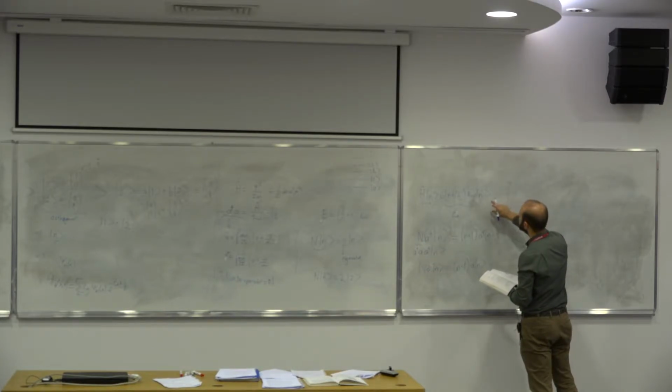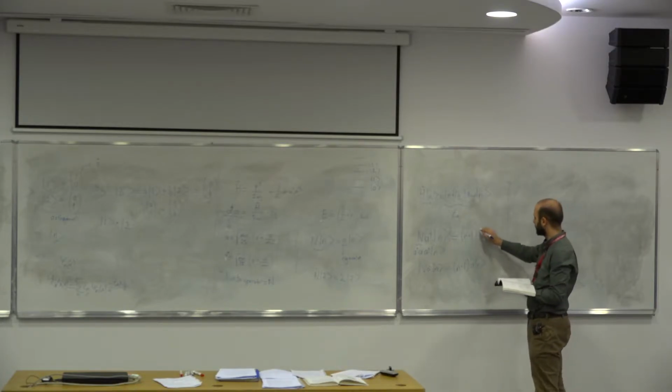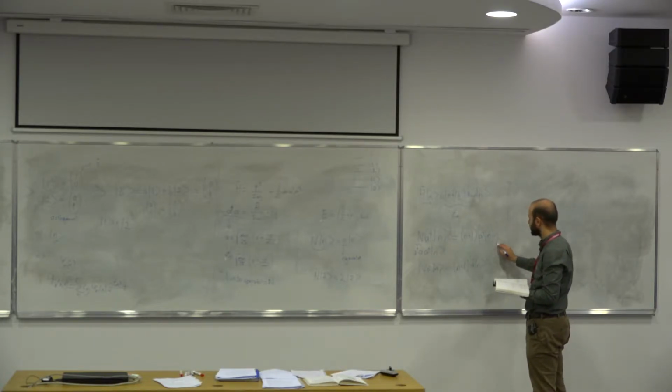I just got confused. Yeah, I think this is a problem. When a dagger applies to the state, it gives n plus 1. No, this is fine, this is a state itself. It essentially relies on the commutation relation. Yeah, so that's I think what we need to do.